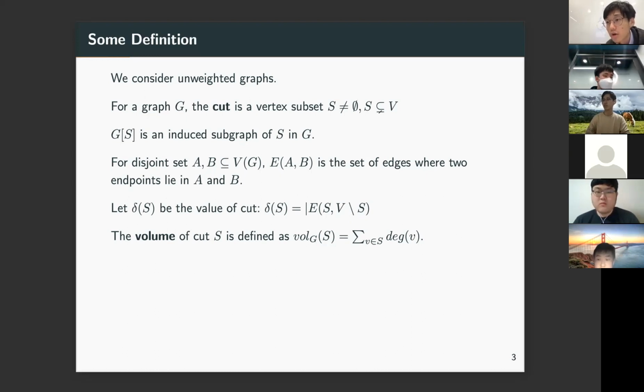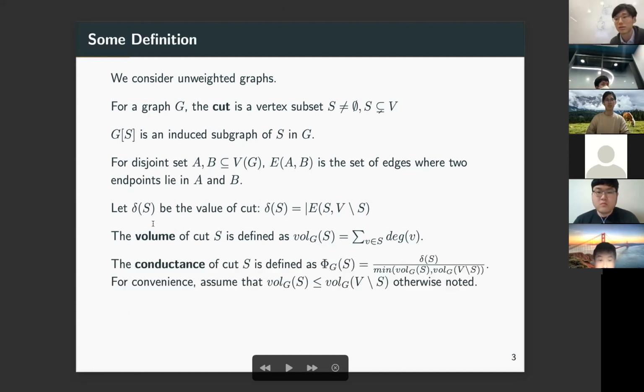So even though your decomposition is not balanced in the sense of vertex cardinality, if it is balanced in the sense that it reduces a certain number of edges, then it is fine. That's what we are trying to do with the volume.